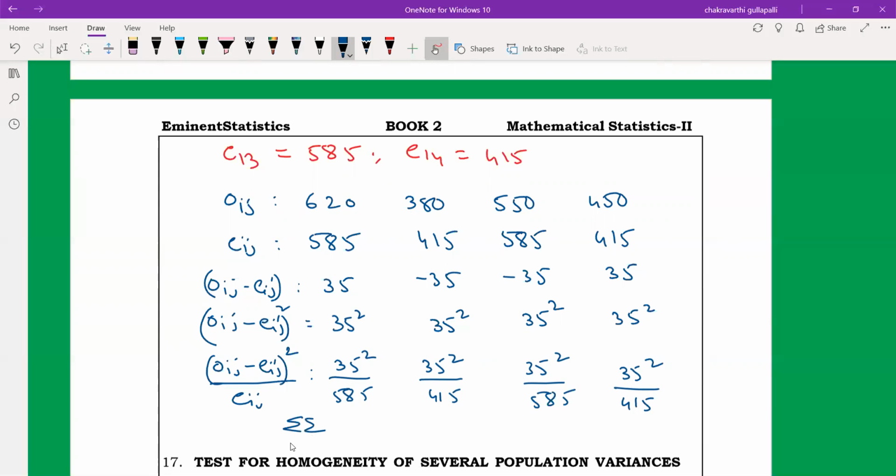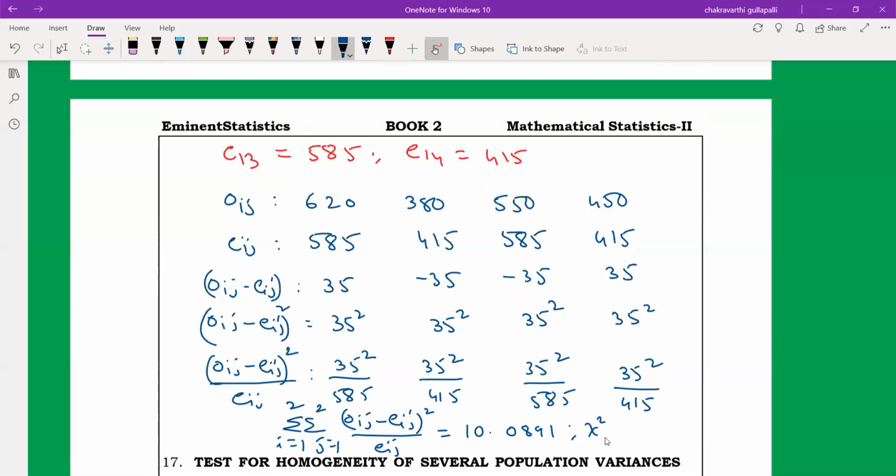The double summation, i equal to 1 to 2, j equal to 1 to 2, of Oij minus Eij whole square dividing by Eij, is equal to the final answer 10.0891.